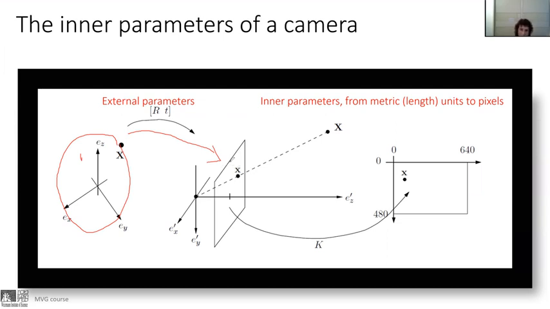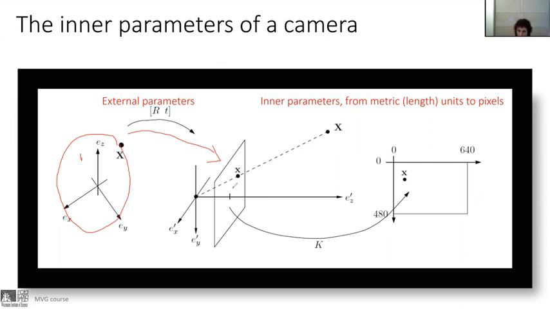I have many local coordinate systems when I have many images, and one global coordinate system, the reference system. Now, since here we are in the real world, the projection of the 3D points is to the image plane, and the image plane is given in some length units, meters, centimeters, etc.